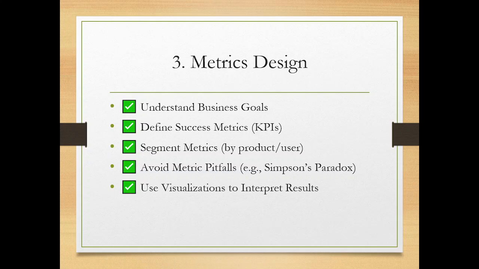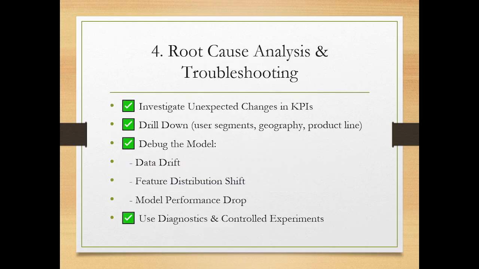So we should understand that a metric might hold good for a certain group of people, but when we take the metric in general, for example it might work for India, but when I use that metric in some other region, or when I combine a few groups, that metric is working in reverse. So we should try to avoid such kinds of paradoxes. Then we can also use visualization to interpret the results.